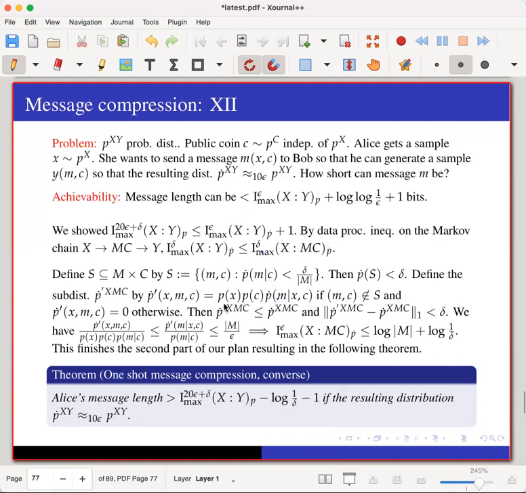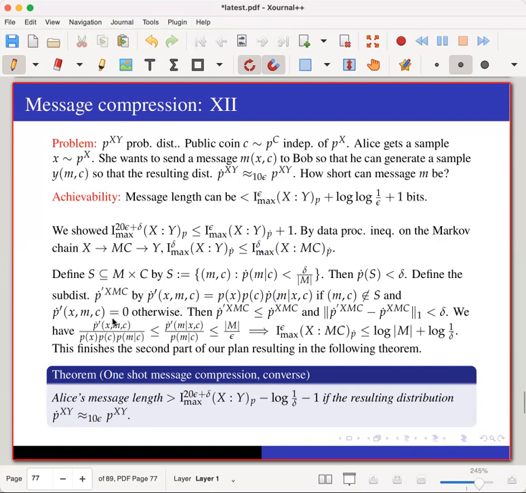So now you're right, actually. I was confused. So P dot prime is indeed P dot XMC, but restricted to MC not belonging to S. I'm just spelling out clearly what the distribution looks like. So there's nothing mysterious here.